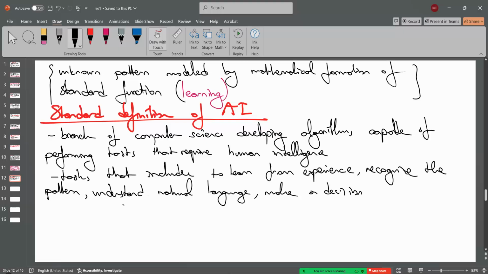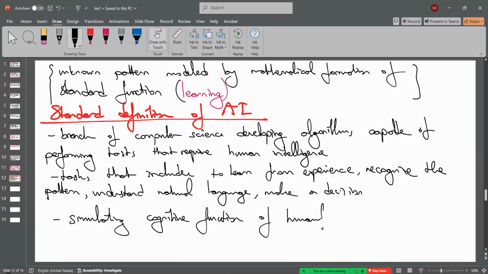Okay? And so finally, this is just simulating the cognitive function of humans. These three lists or conditions are the standard definition of artificial intelligence, guys. Okay? Any question?